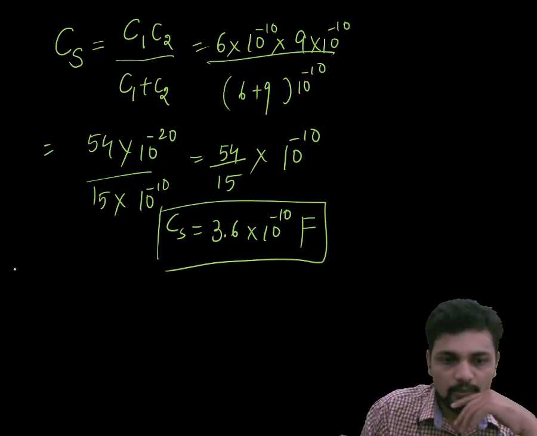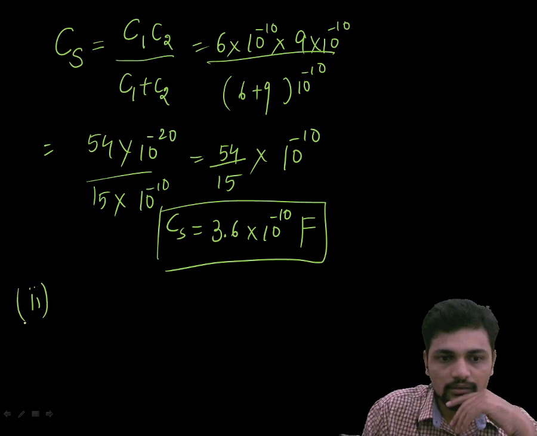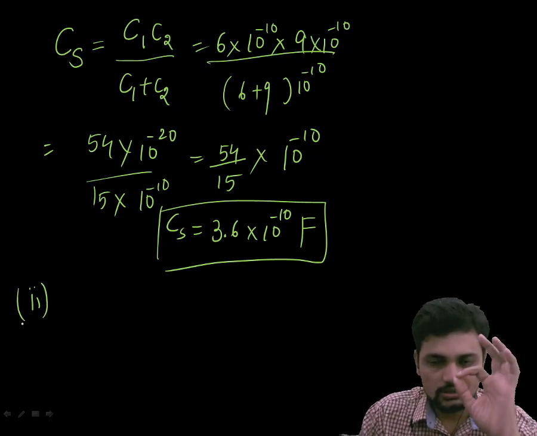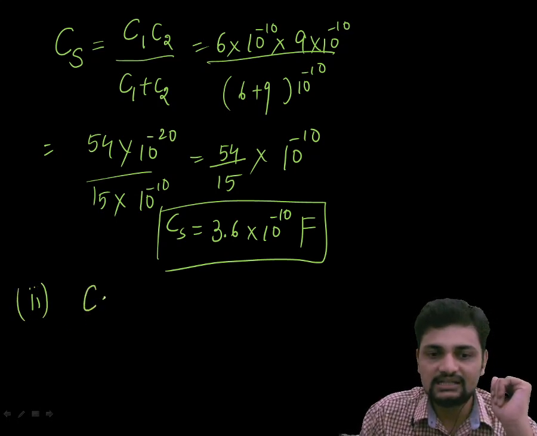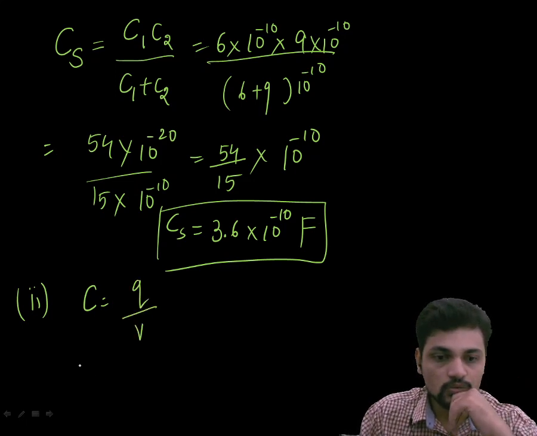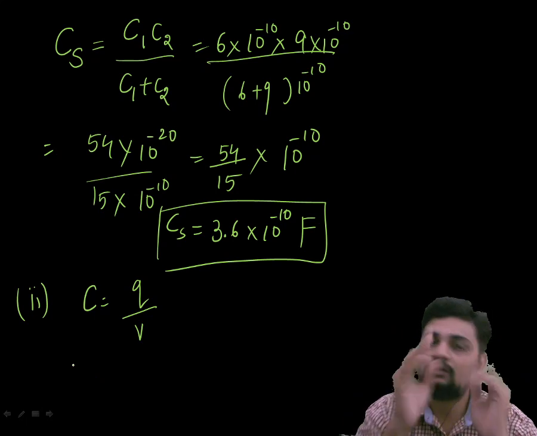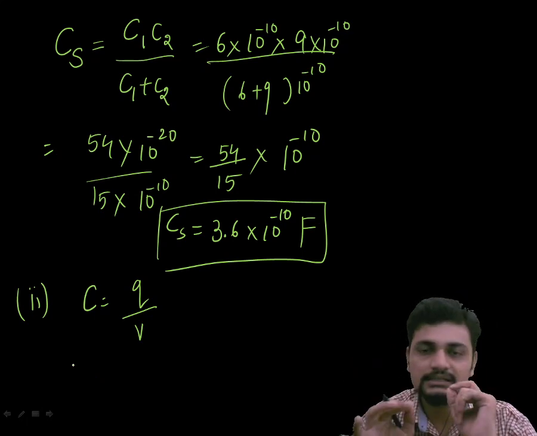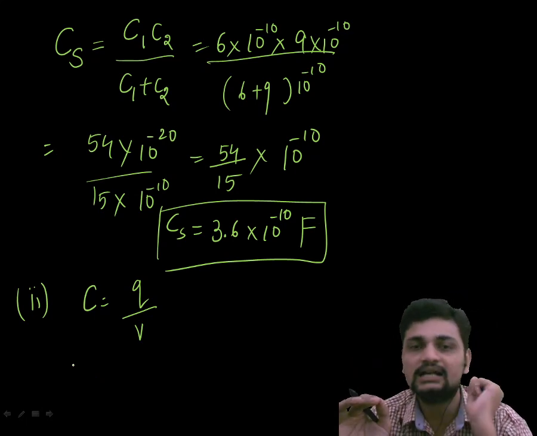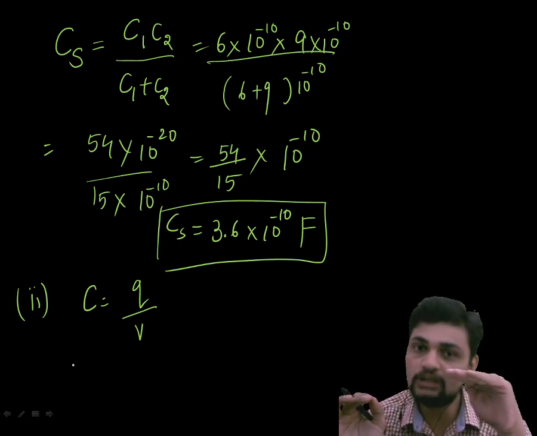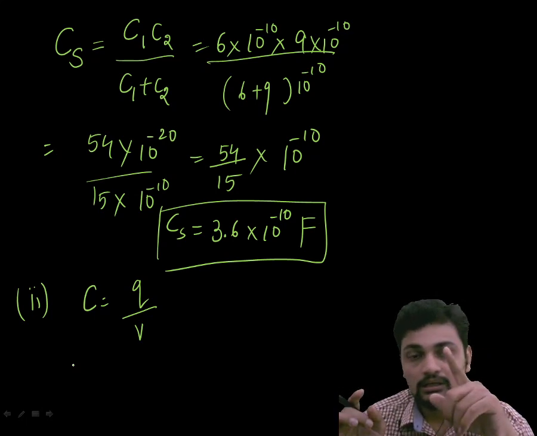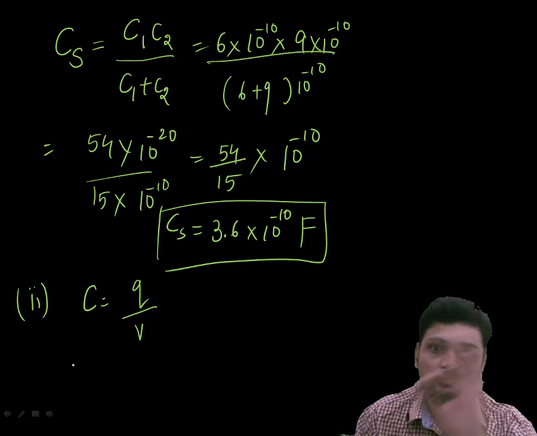So now let me find out the potential across each capacitor. The basic concept of capacitance is charge by potential. In series, let us get back to the concept again: when two capacitors are connected in series, the charge flowing through them is the same, whereas the potential will be different.